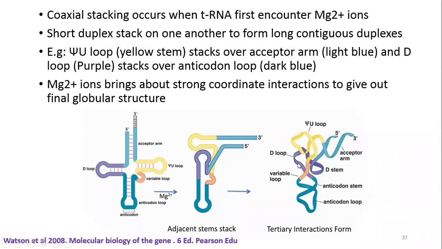So this is how tRNA can obtain the specific folding that enables it to transfer the amino acid from the cytosol to the site of protein synthesis.